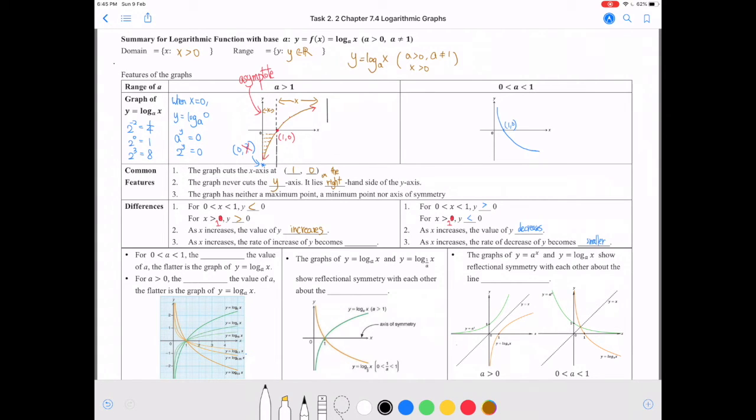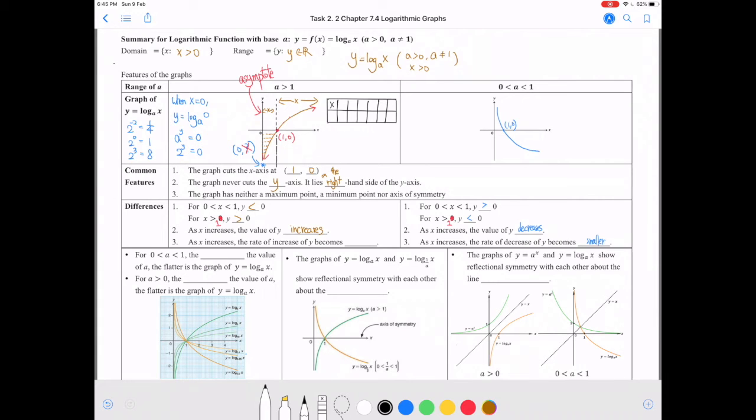Suppose this is x. Let's try to find the ordered pairs.